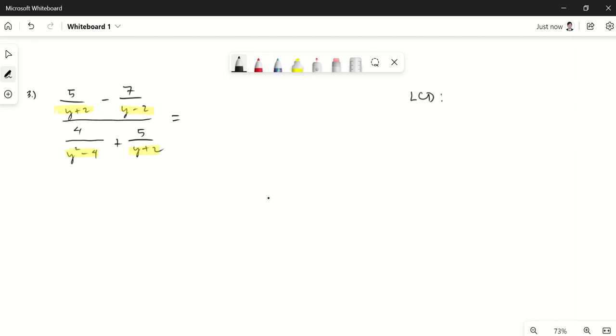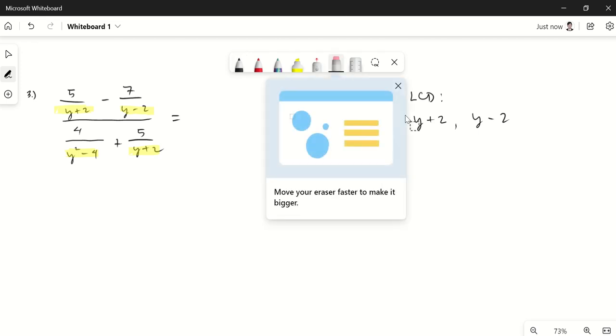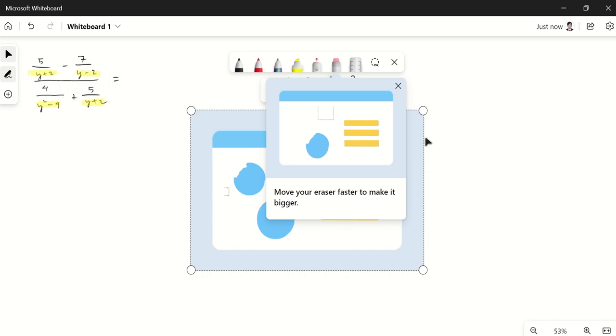So if you figure out the LCD of that one, you have y plus 2. You cannot further factor that. Y minus 2, same. You cannot further factor it. But for y squared minus 4, wait, let me just erase something.